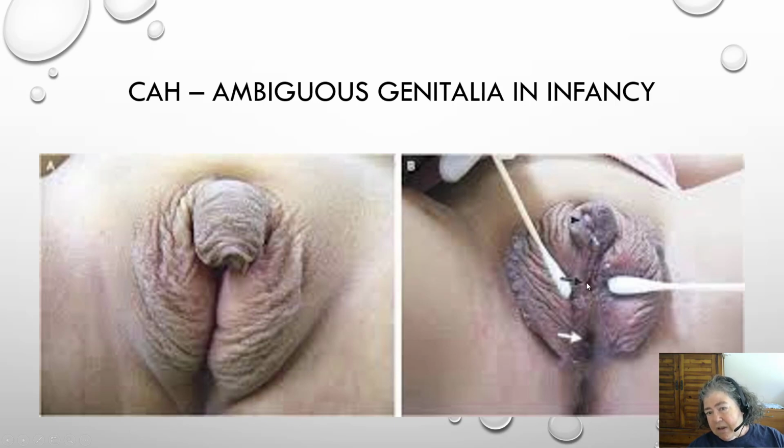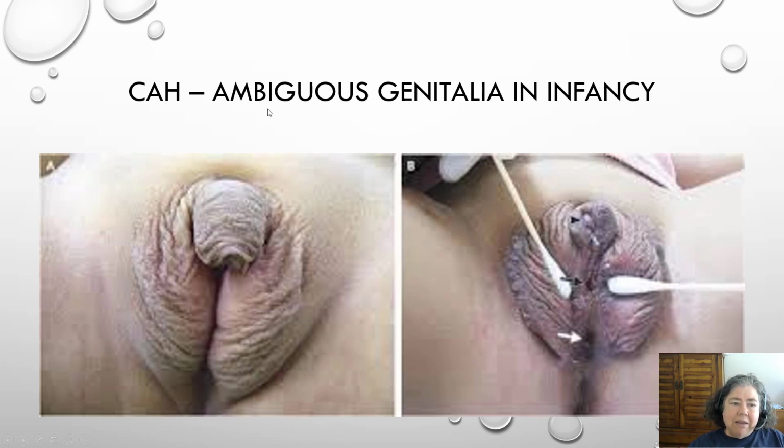This is the urethra, so the urethra is not in this potentially phallus. The labia aren't smooth as they would be in an infant girl, but rugated, kind of like what you'd expect of the scrotum of a baby boy.